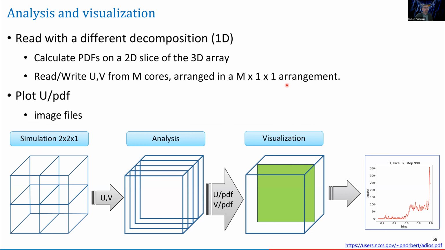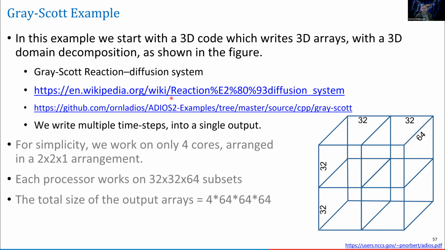Well, okay, so let's continue then. In a tutorial, when we do a hands-on, we pick this Gray-Scott application to show all the functions of ADIOS and everything that we can do, from just writing files to doing in situ visualization. In the example, we run the code in a 3D decomposition, but on only 4 processes, so a 2D decomposition.